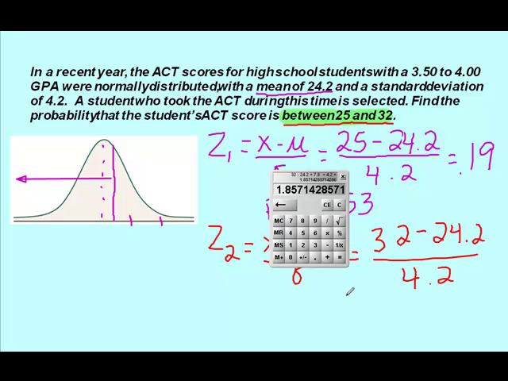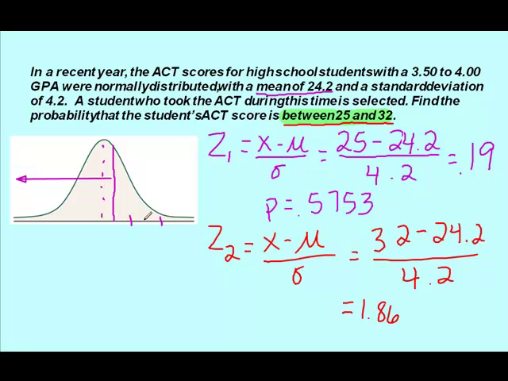That is a z-score of 1.86 to the nearest hundredth, or second decimal. 1.86 is over here somewhere.